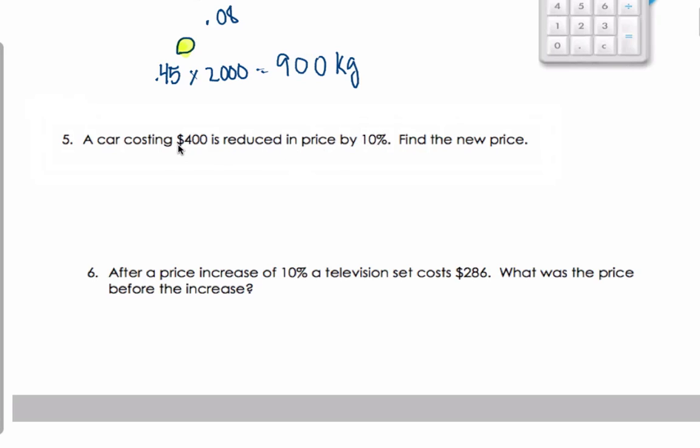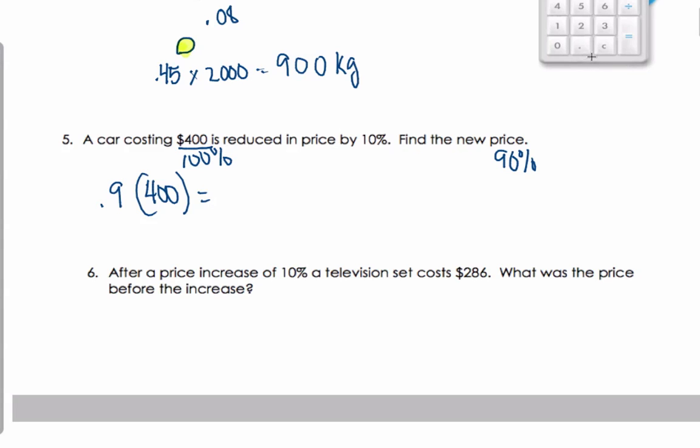So this is the original amount of the car cost, $400. This is 100%. It's reduced by 10%, so my new price is going to actually be 90%, because that's what it's been reduced by. So in order to do this, I have 400 as my 100%, and I'm going to multiply that times 90%.